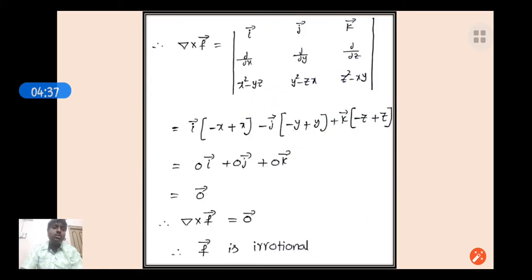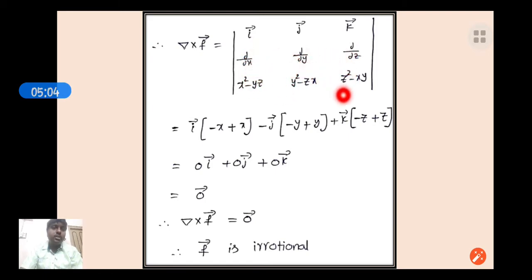Now I am replacing those values here. So del cross f bar is equal to the determinant of i bar, j bar, k bar; dou by dou x, dou by dou y, dou by dou z; x square minus yz, y square minus zx, z square minus xy. Now I am calculating the determinant for i bar by deleting the first row and first column, leaving the remaining 2 by 2 determinant.